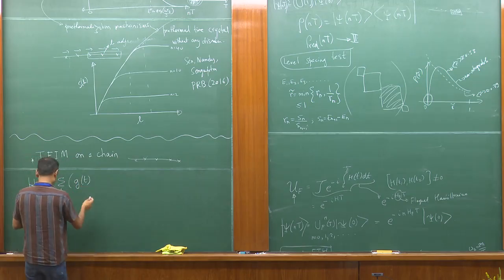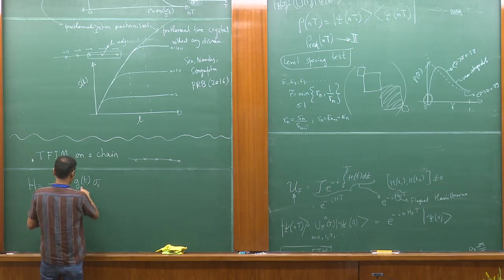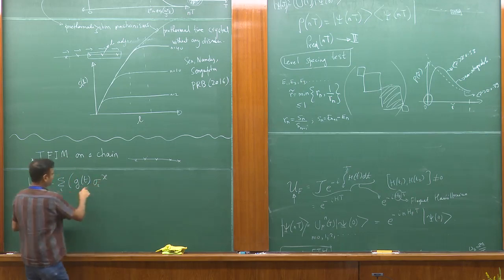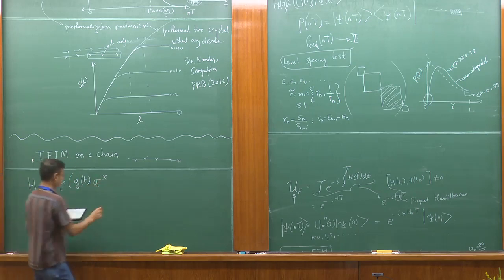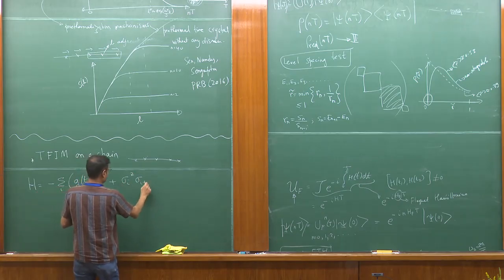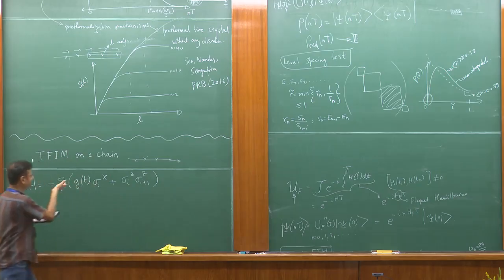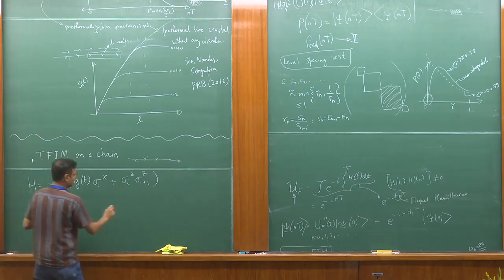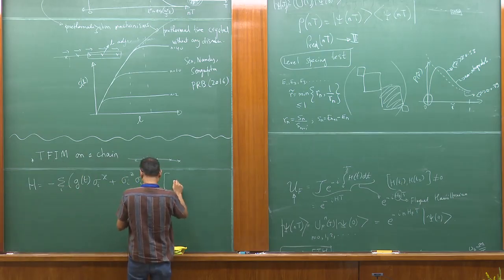There's a magnetic field which you can make, if you want, a function of time. And then there is a term like this. I hope you have all seen this model somewhere. It's a very well-known model. And for concreteness, I assume periodic boundary conditions.